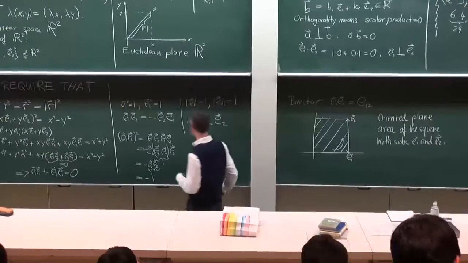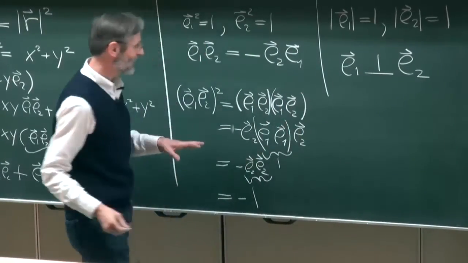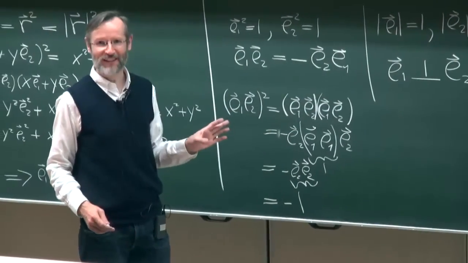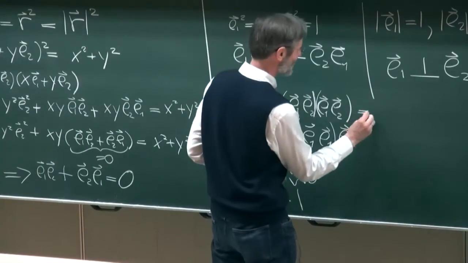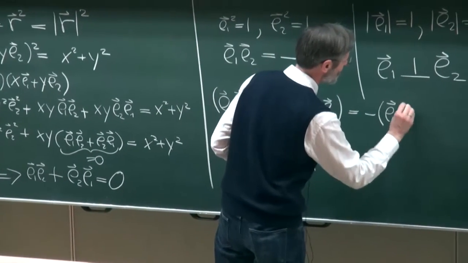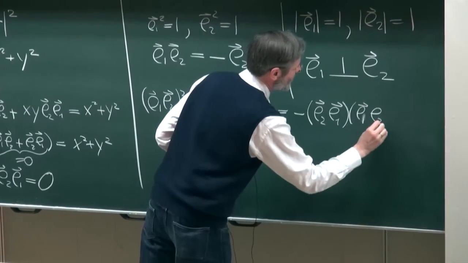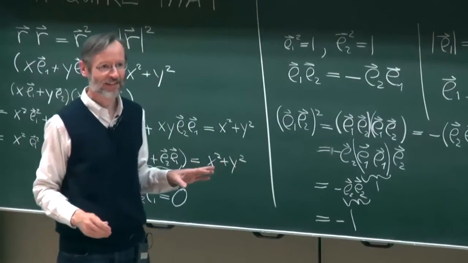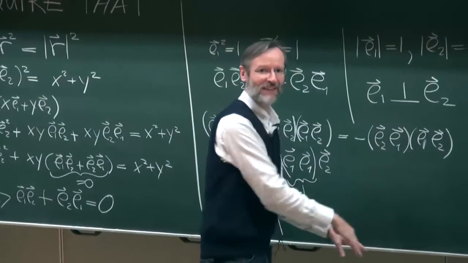maybe I will introduce an intermediate step. So this is clearly E1, E2 times E1, E2. But I'm free now to use this law here to change the order. So this is minus E2, E1, E1, E2. And because the product is required to be associative, I can drop all the brackets.